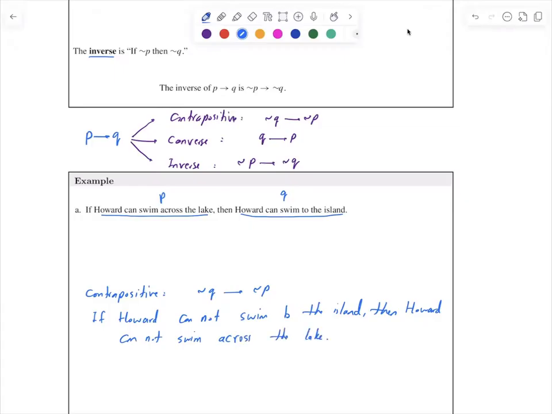So it is the contrapositive. Later on, we're going to show that P then Q is equivalent to not Q, then not P.